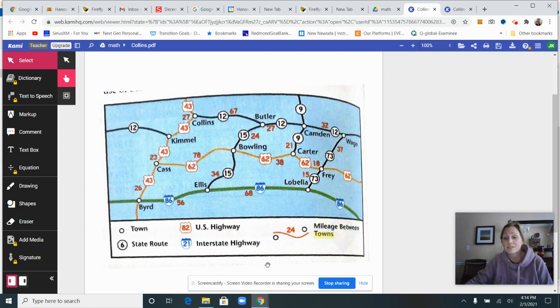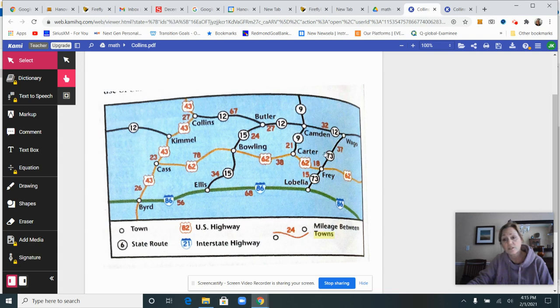The mileage between towns are the red numbers between the dots, okay? So if we are starting in LaBella, where my little hand is, and we're going to Ellis along Interstate 86, that is a 68-mile trip. Okay, see that?